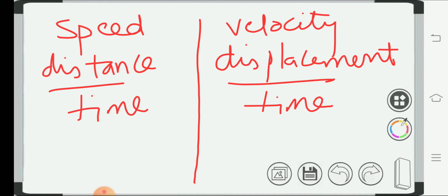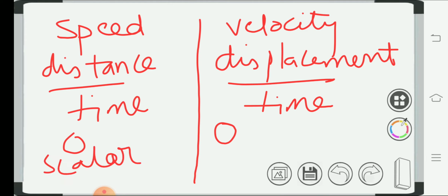Speed is never equal to 0, velocity can be equal to 0. Speed is a scalar quantity because we are not considering a direction, and velocity is a vector quantity. The SI unit of velocity is meter per second again, because nothing is changing, only the direction is added to the speed.